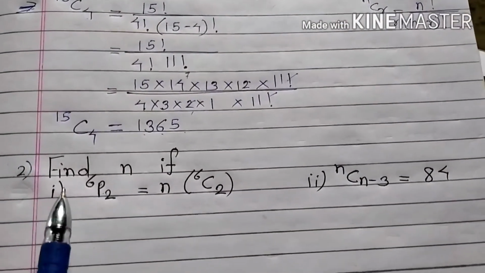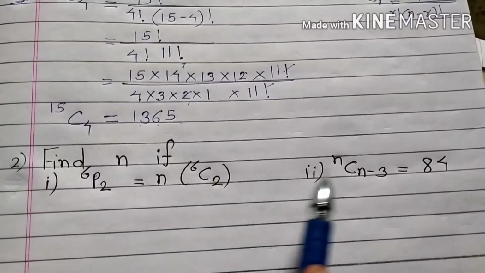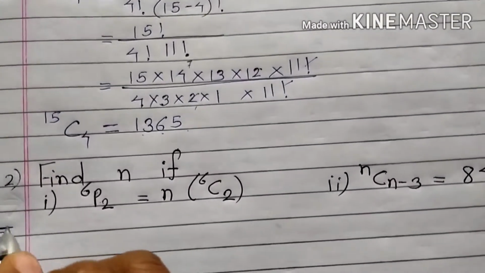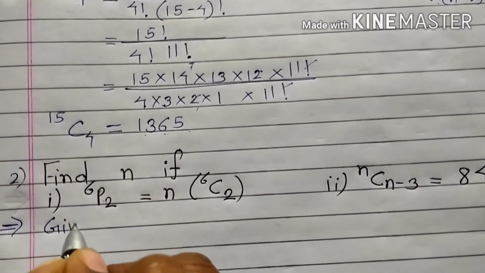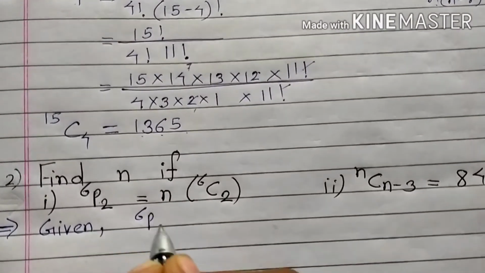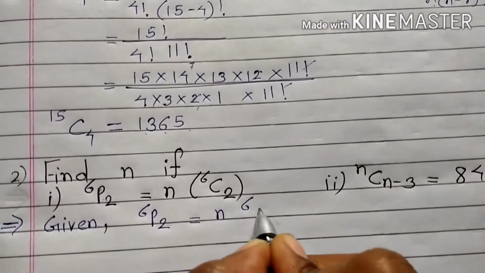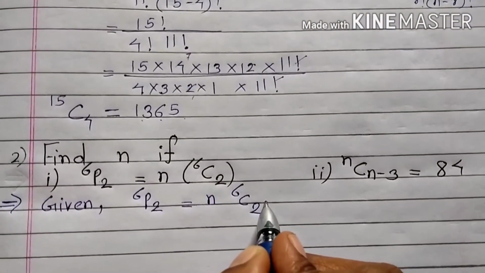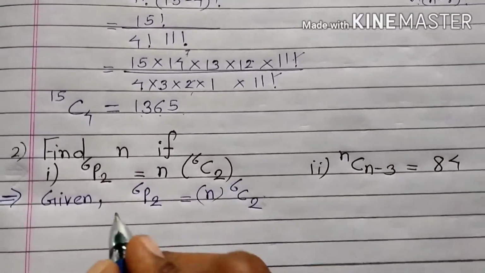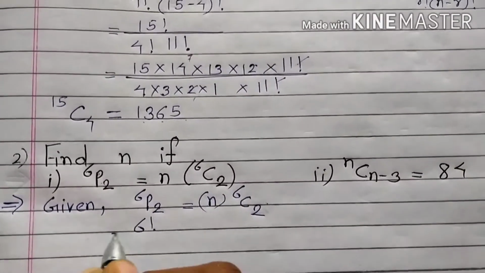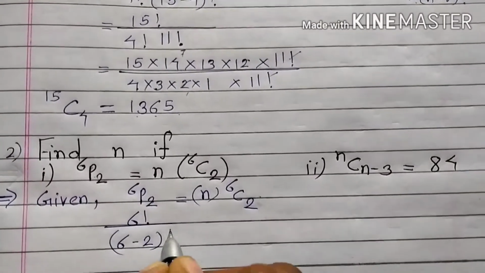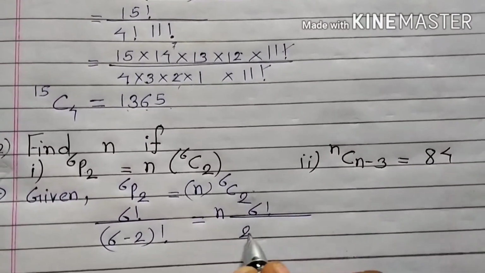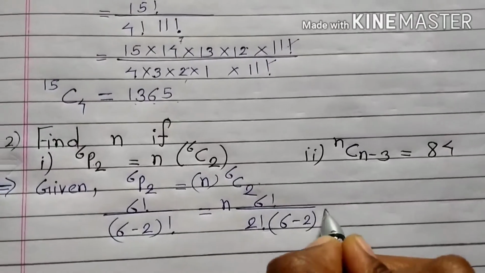Now next example, find n in these two equations. So in these two equations we have to find the value of n. First we solve the first. Given 6P2 is equal to n times 6C2. Here you can use the formula for permutation, and here the formula for combination. So 6P2 is 6 factorial upon (6 minus 2) factorial, and this is n times 6 factorial upon 2 factorial into (6 minus 2) factorial.